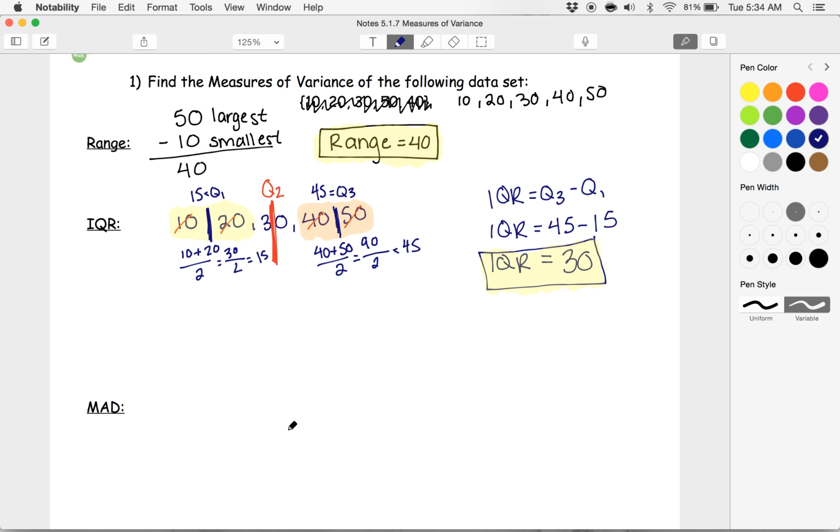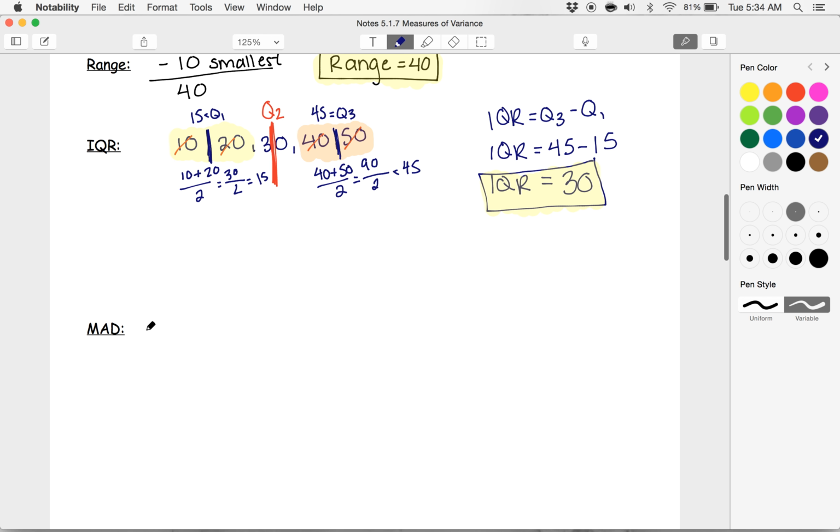And last we have our mean absolute deviation. So the first step for mean absolute deviation is to find the mean. So I need to add all my data points and divide by how many? 1, 2, 3, 4, 5.